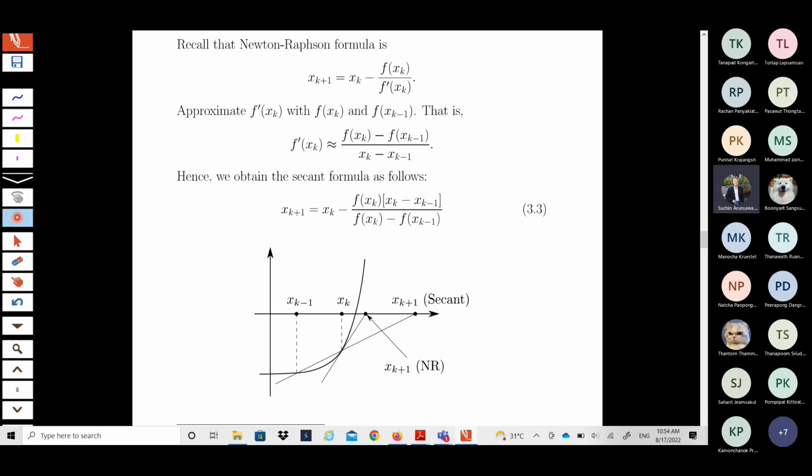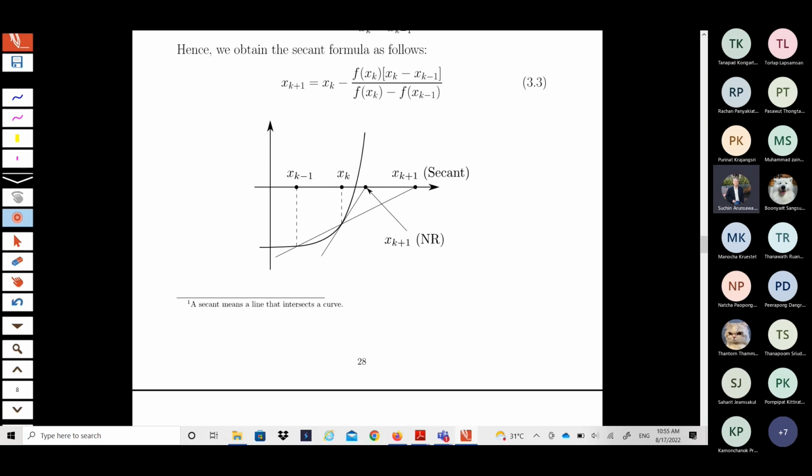Then we substitute this into the Newton-Raphson formula, and we have a formula which is known as the secant formula, and the method is called the secant method.